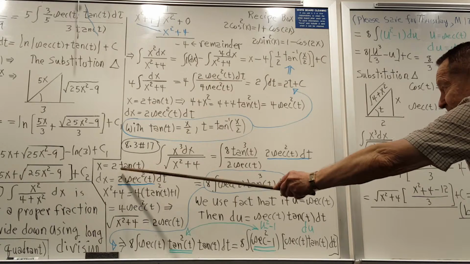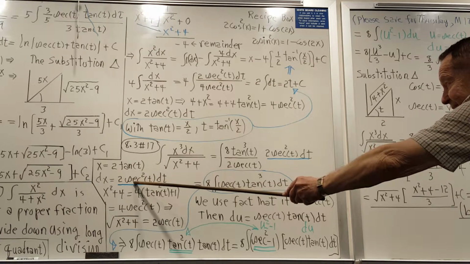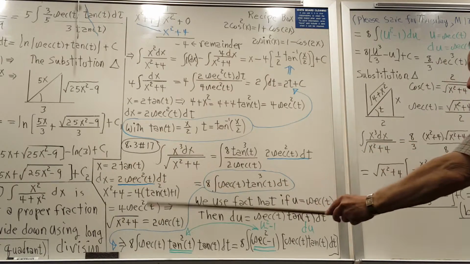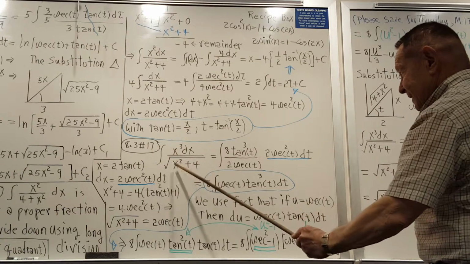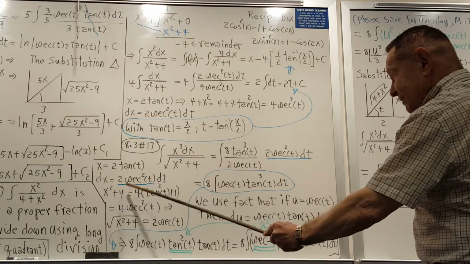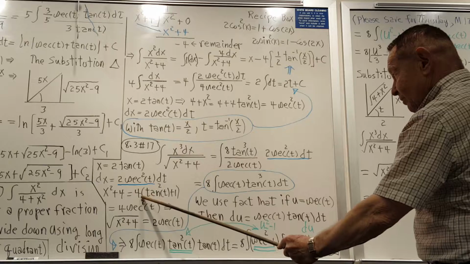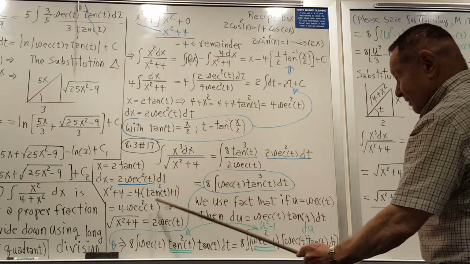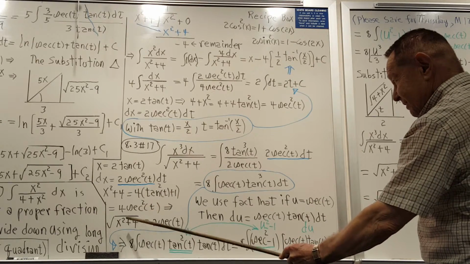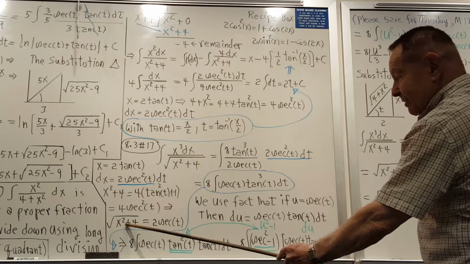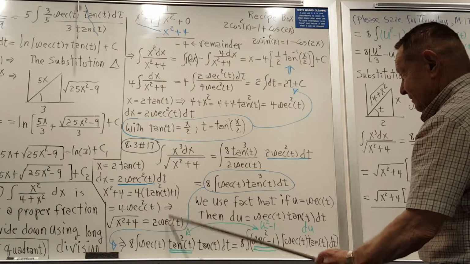Your dx will be 2, derivative of tangent is secant square. Your x squared plus 4 would be 4 tangent square plus 1, which is 4 secant square. So your square root will become 2 secant.